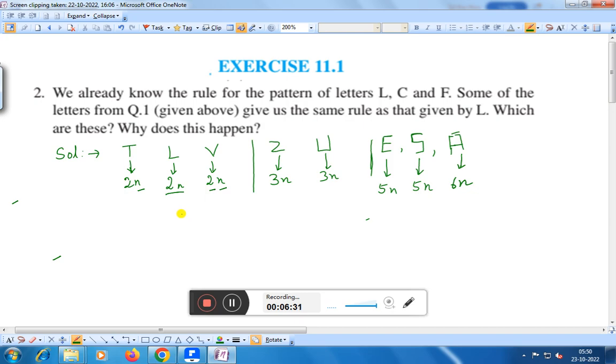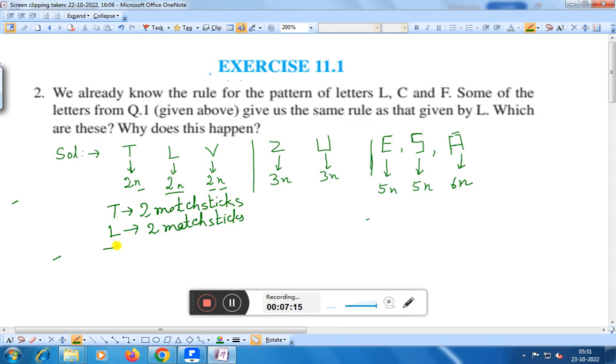Why? Because in the shape like T, it has only two matchsticks, right? In case of L, it has also two matchsticks.